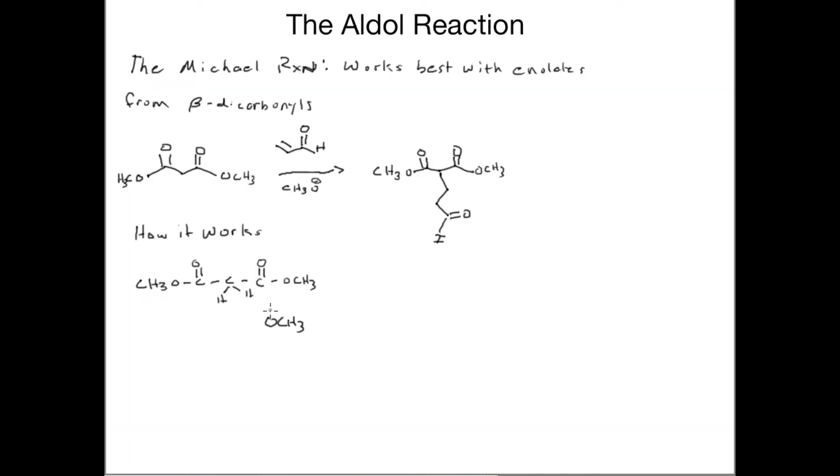And now I've got what I call a Michael acceptor, which is the one that has my double bond that I'm going to draw down here, this guy. This is what's going to accept the electrons from the enolate. So this is my Michael acceptor.